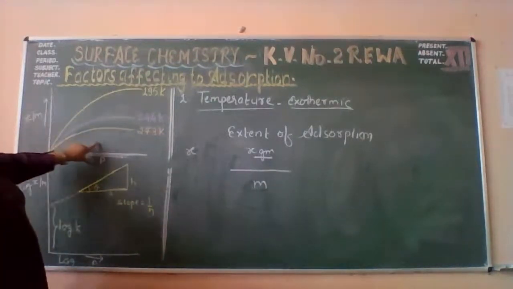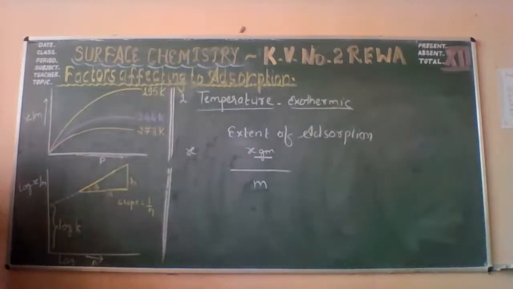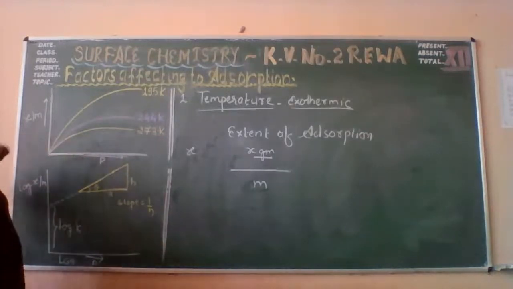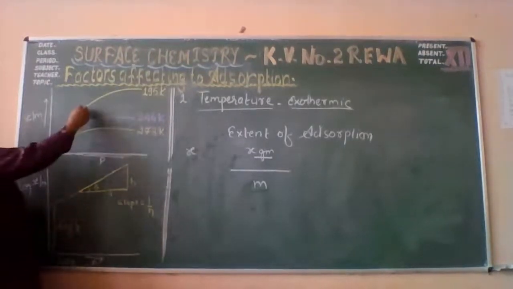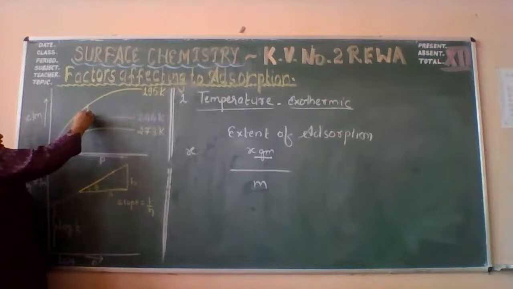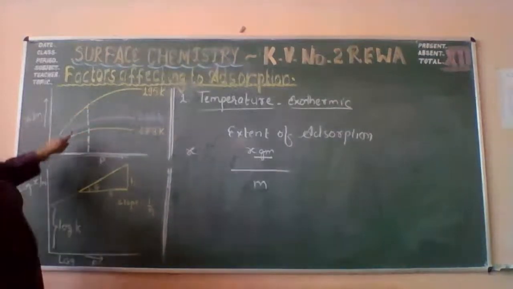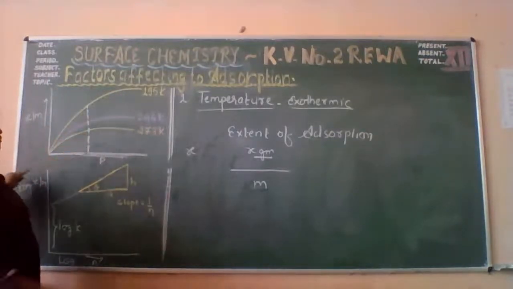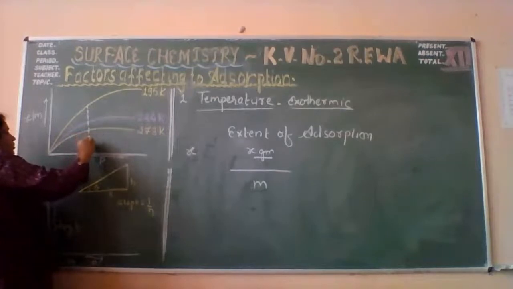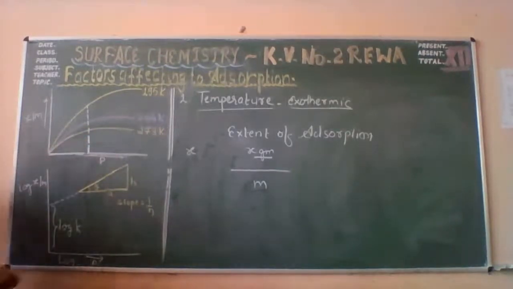You will say, ma'am, here the pressure is changing, and you always say that we have to keep it constant. So I'm taking any point at this. If I take this point, that means the pressure is constant here for all the three temperatures. I am going to study only at this particular point.